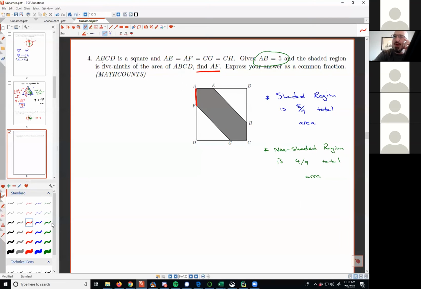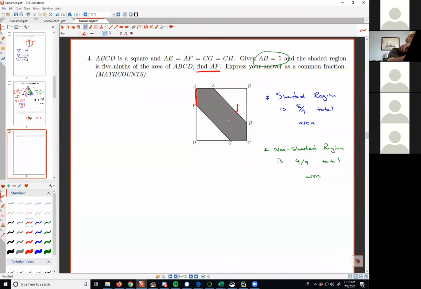Keep going. Keep describing. It's isosceles. We have 2 isosceles right triangles, and they're congruent to each other. What can we do with them? They form a square.